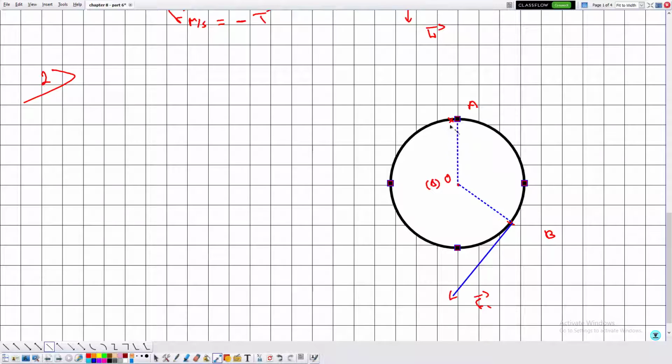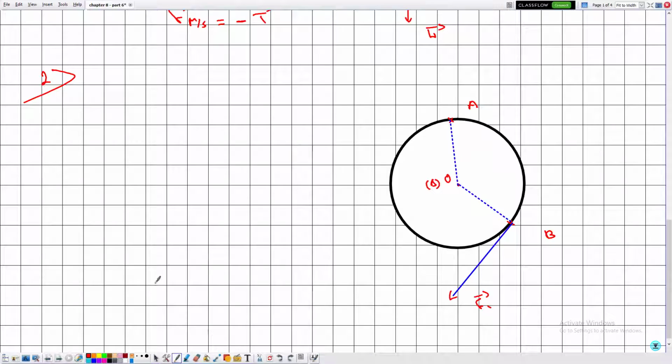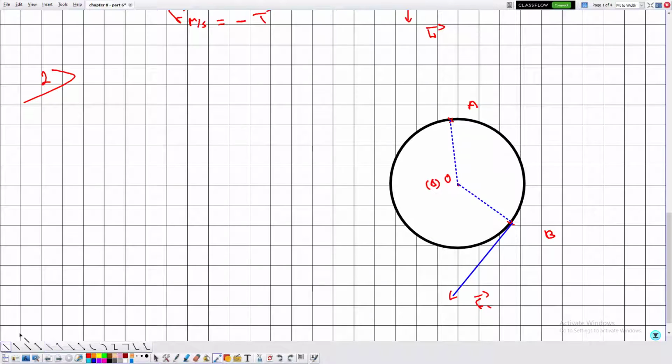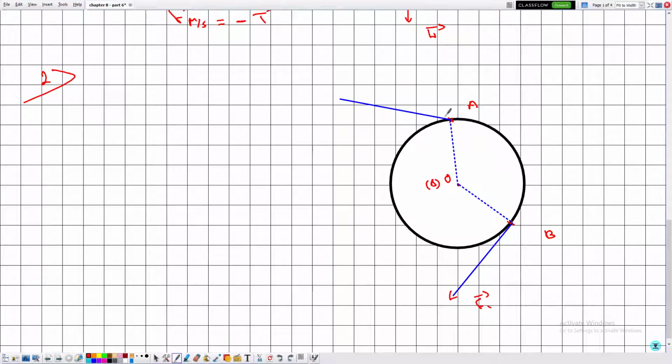So this is the center O. And suppose here for some reason we have another force which is being represented like this. So this is the force F2, and suppose that this is the point of application of the force F2, which is the point C. And we are interested in calculating the moments due to F1 and F2.